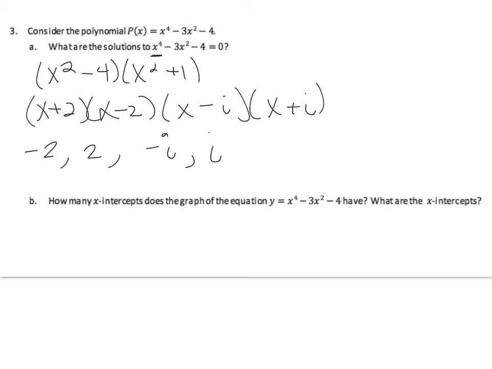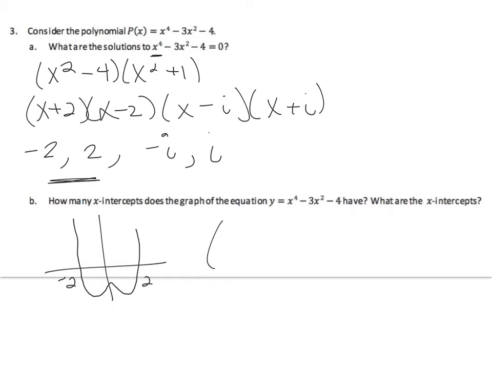How many x-intercepts does the graph of the equation y equals x to the fourth minus 3x squared minus 4 have? Well, x-intercepts are right there. So if we look at this, it's going to look something like this. It's going to cross the x-axis at negative 2 and 2.